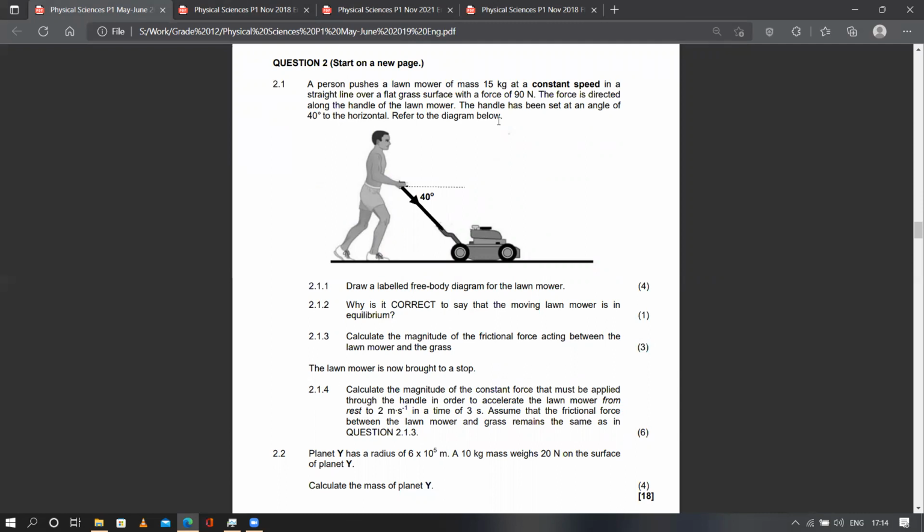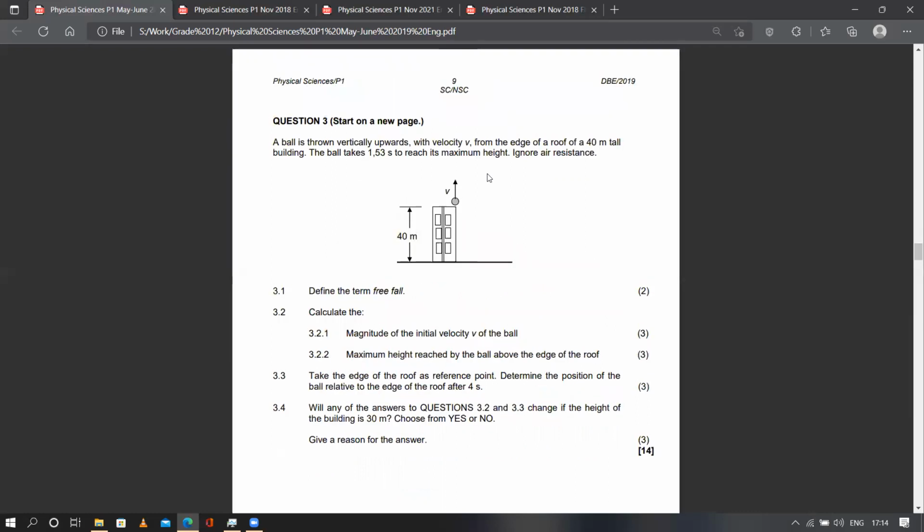Wait, no, this is Newton's law. Do you also want to do Newton's law? Yes, sir. Okay, so we'll just do Newton's law.